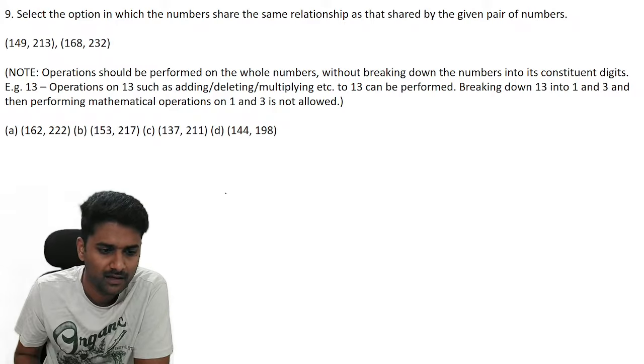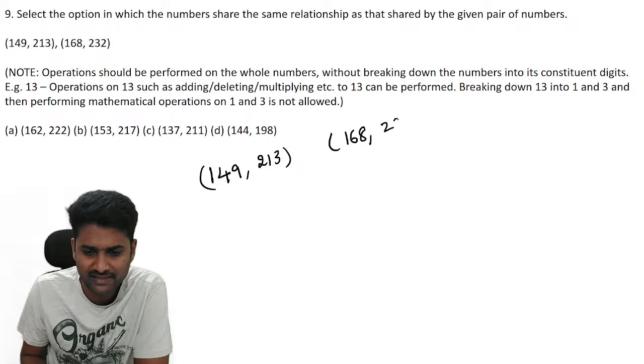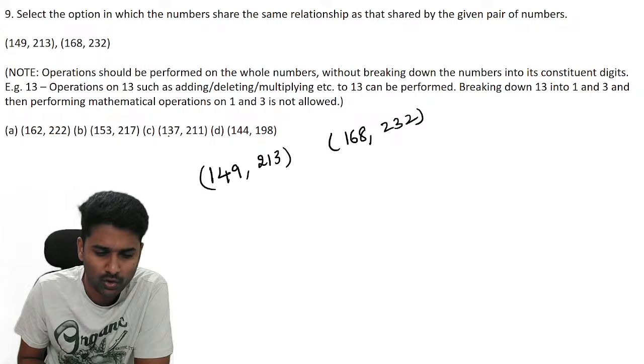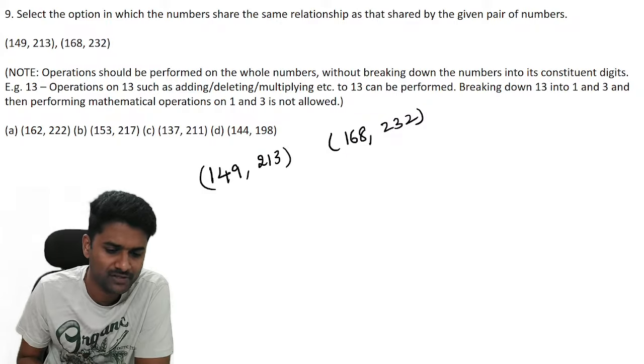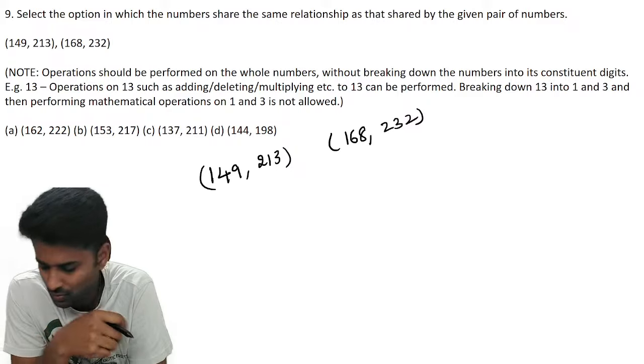Next. Again, what is the relation you observe here between 149 and 213? And the same relation will follow 168 and 232. Again, out of these four, one of the options has the same relation. It's all about the same similarity. So what is that?